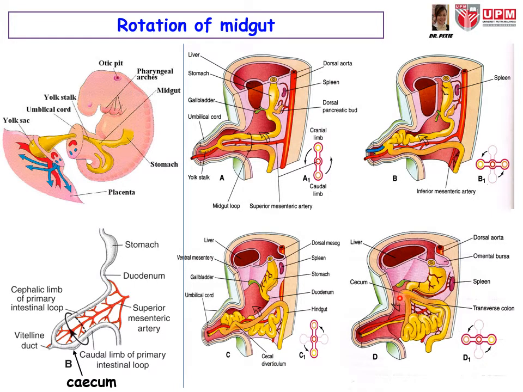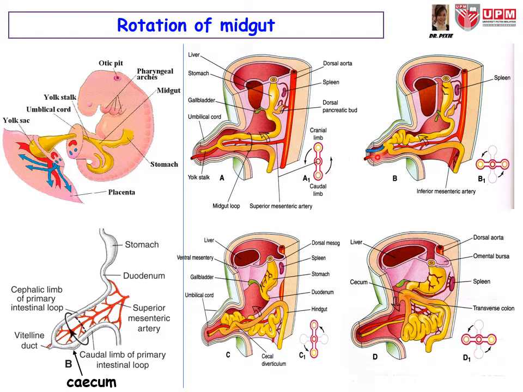So this is the cecal swelling, in which the upper part expands and forms the cecum, and the lower part will elongate to form the appendix. So again, during the physiological herniation, the intestinal loop undergoes 90 degrees counterclockwise rotation.